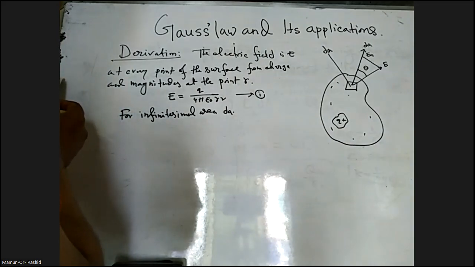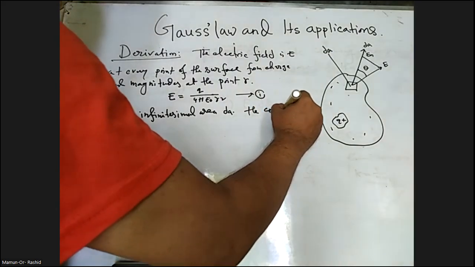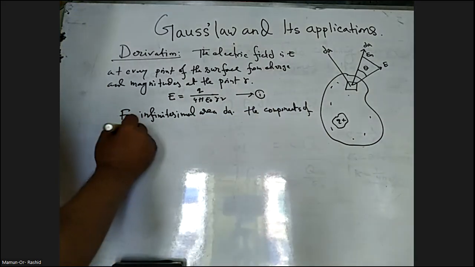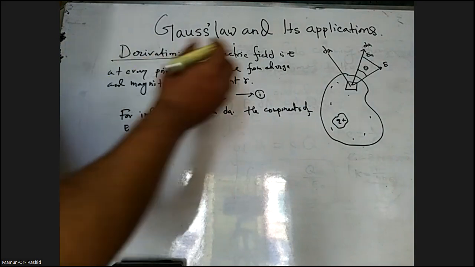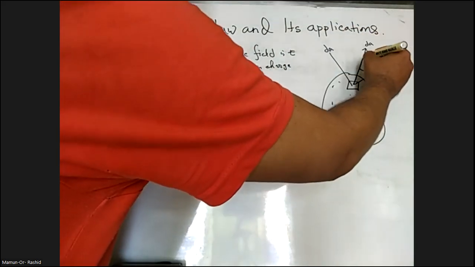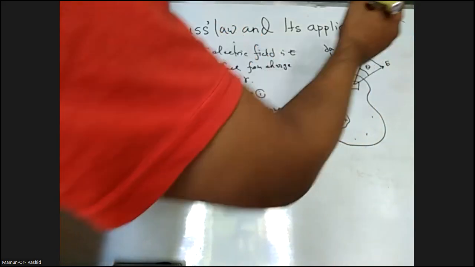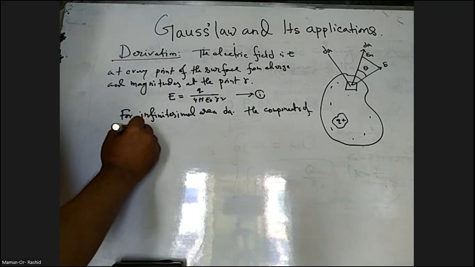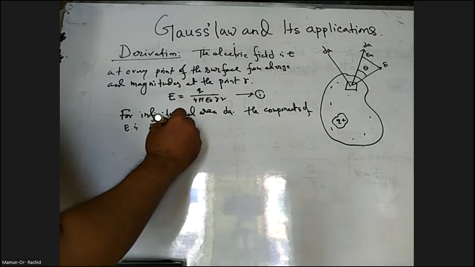The component of E along the normal will be E cos theta, so En equals E cos theta.